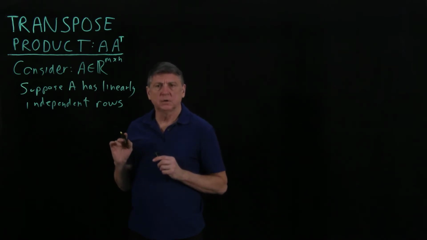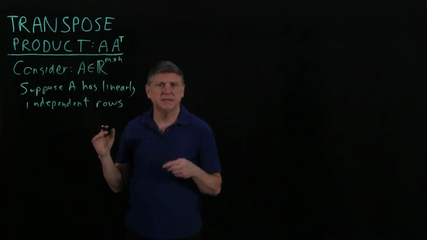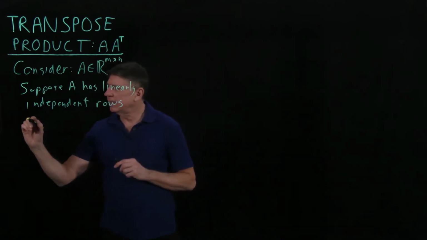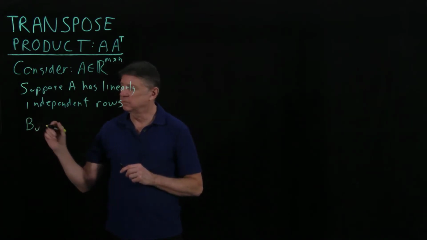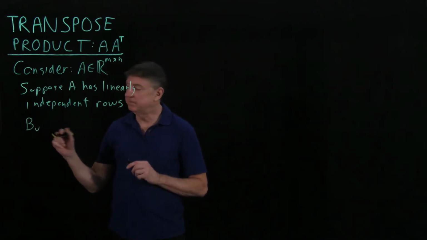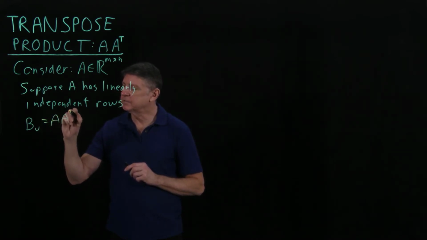So now let's form this product matrix and take a look at it. This matrix, which we'll call B sub U to distinguish it from the B sub V that we had previously, is A times A transpose.